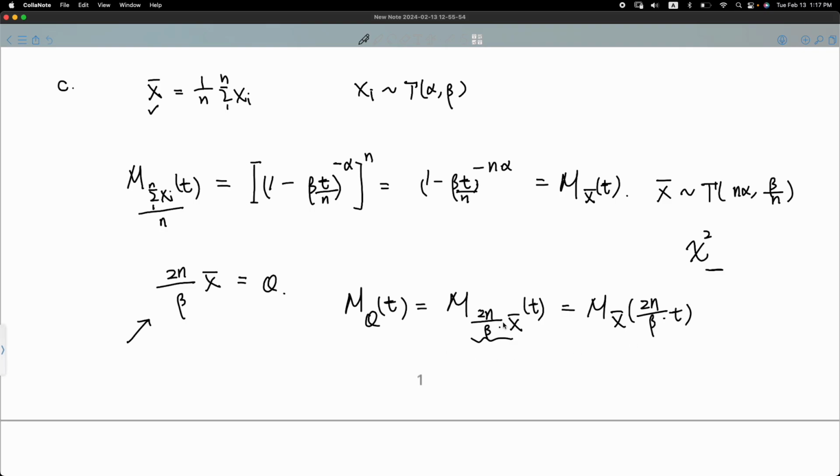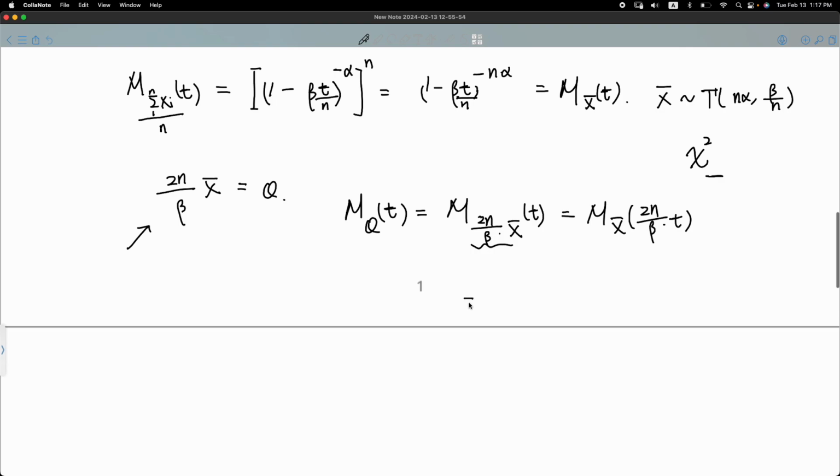Now we can plug in the moment generating function for x bar with this new t. So that should be 1 minus beta over n. So this is the new beta star, and then this is the t star, which is just 2n over beta t.